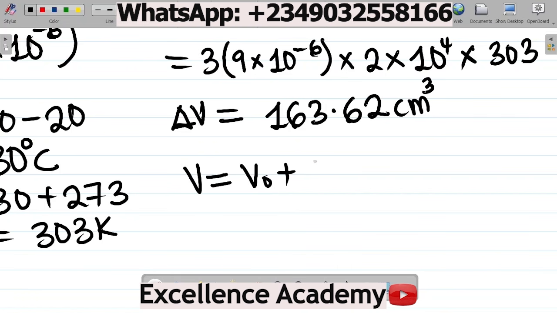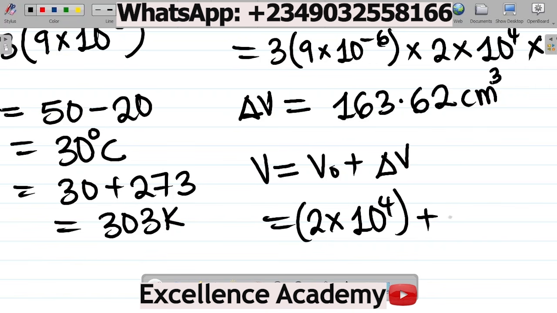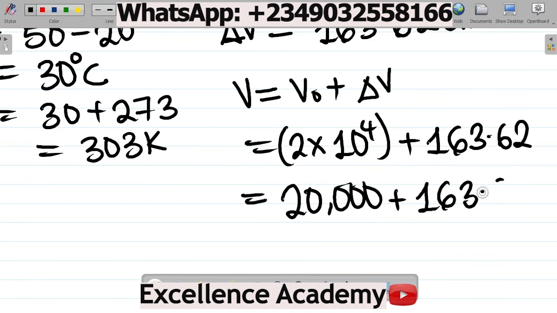The initial volume V naught is 2 times 10 to the power 4, which is 20,000, plus the change in volume, 163.62.